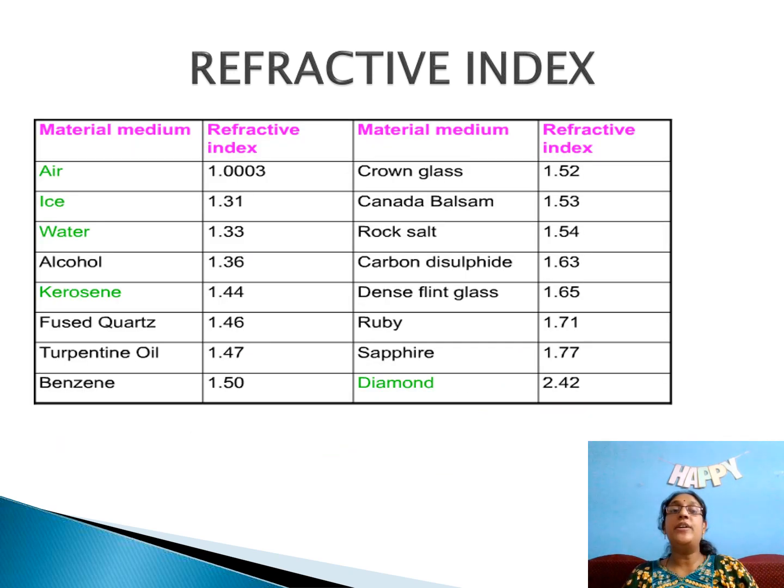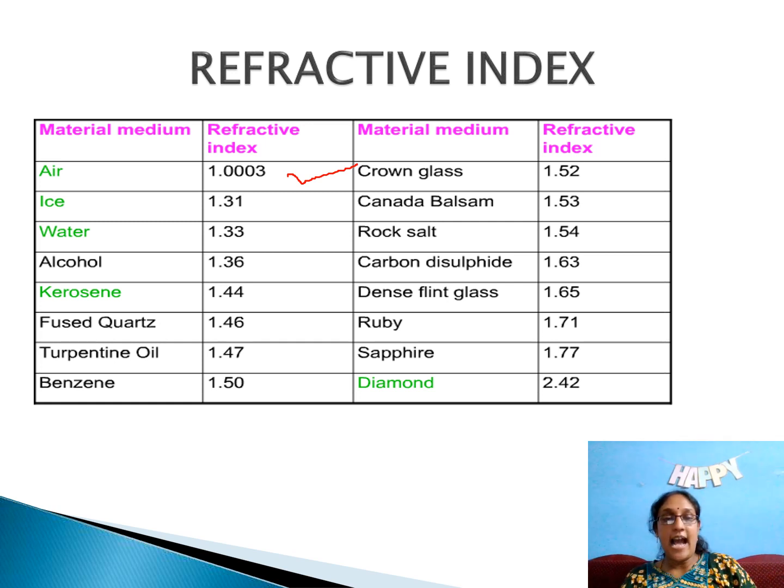Next, these are the different kinds of medium we can use. See, material medium. For air, the refractive indices are all calculated values. That is an experiment we will do in the lab with the help of a prism, a glassy material.